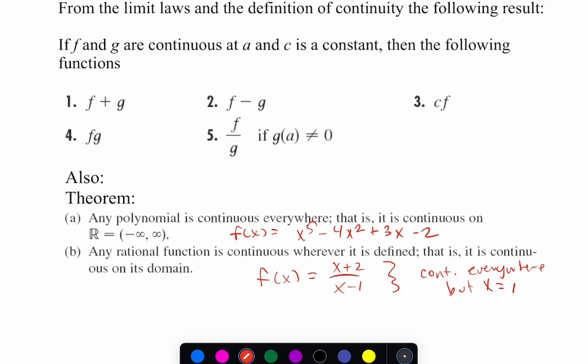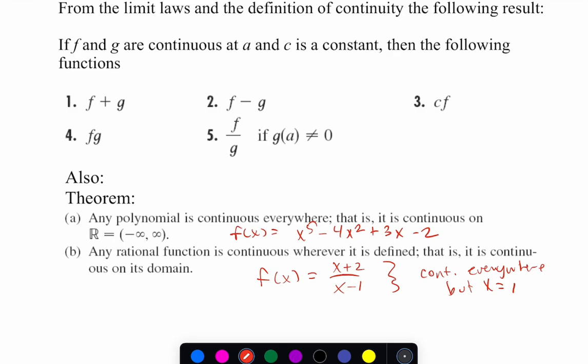There's a piece to the left of 1. There's a piece to the right of 1. It is defined and continuous everywhere. So there are some things you can just look at and go, yep, that's continuous. If it's a polynomial or a rational function somewhere along its domain, it will always be continuous. Functions to be concerned about: functions where you have a piecewise function where your pieces are just not matched up right.